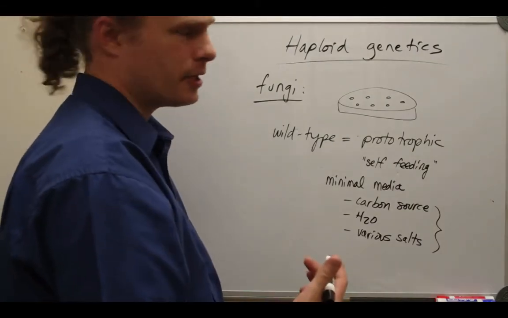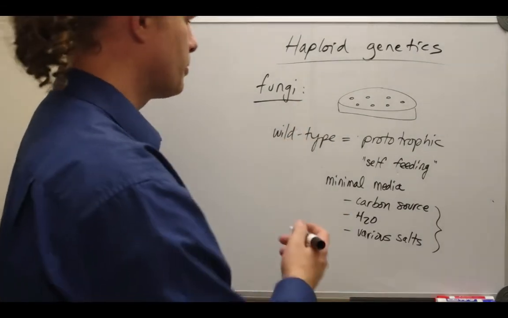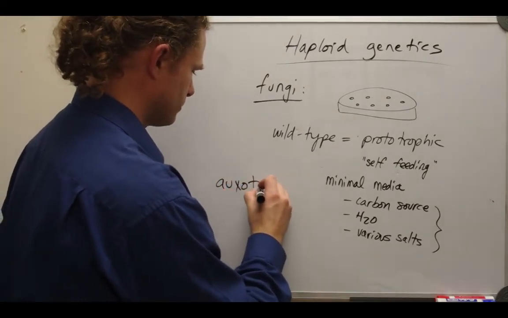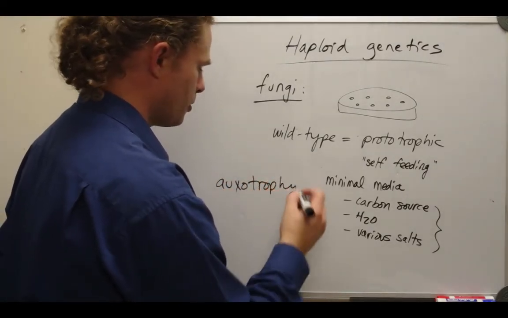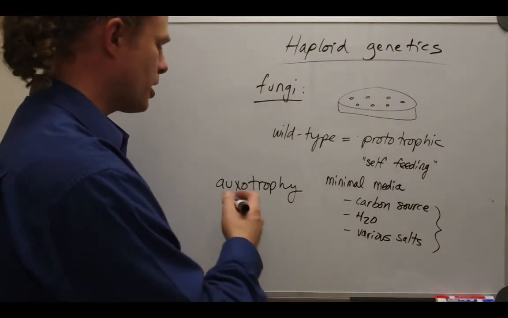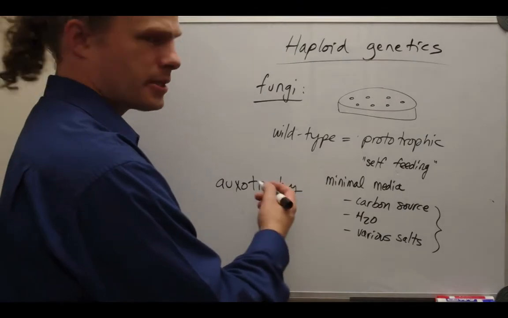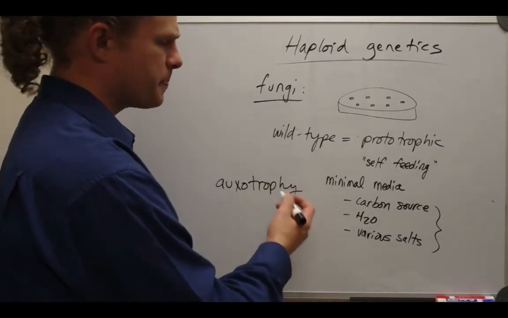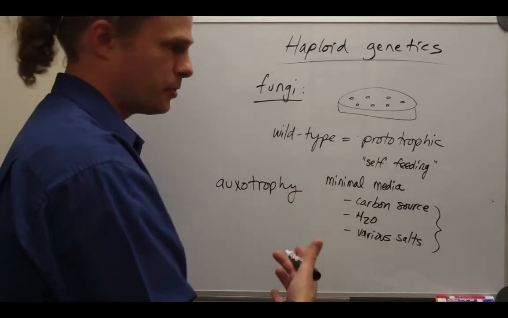One common mutant phenotype that we will see in haploid organisms is something that's called auxotrophy. Or in other words, we might find mutants that are auxotrophs. Auxotroph just means unable to self-feed. And in this case, we would specify what it is unable to produce.